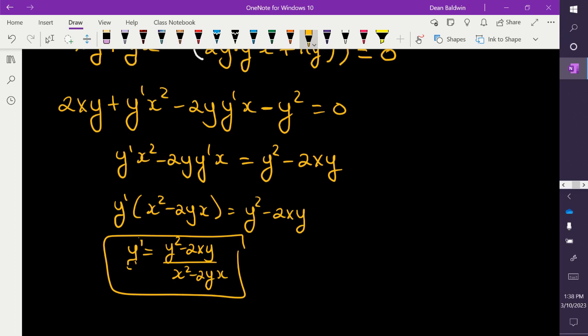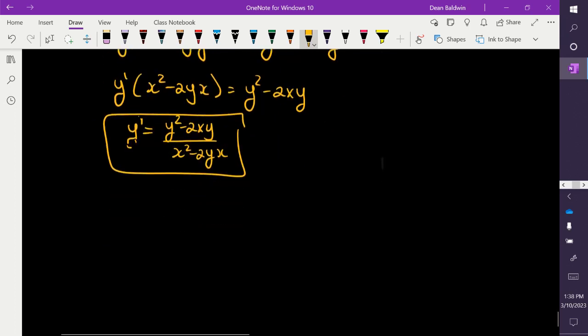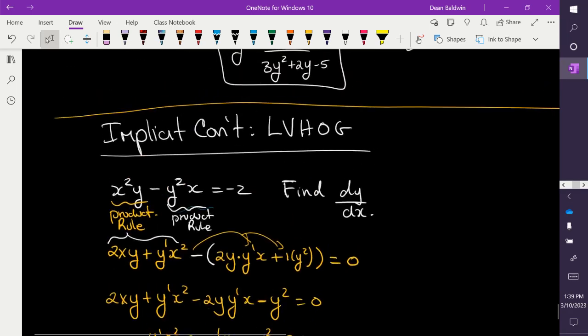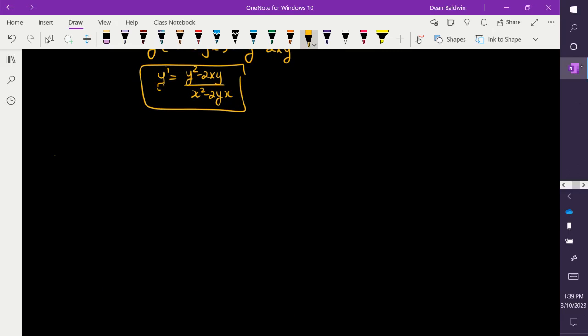One more example. Not for the whole day, but. Are you ready? What number are we on? 2. All right, find dy dx for 2 sine x cos y is equal to what?